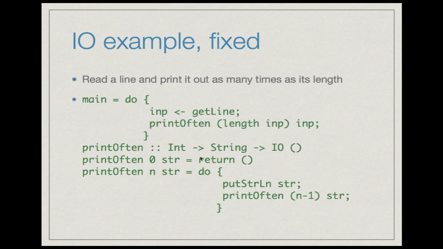The crucial case is this: printOften 0 string equals return (). This matches the type properly and it also handles the case of not printing anything on the screen.